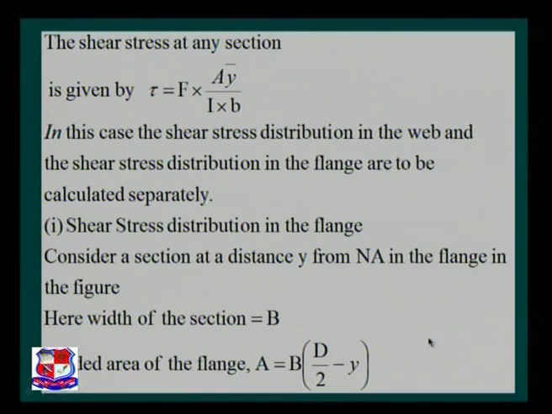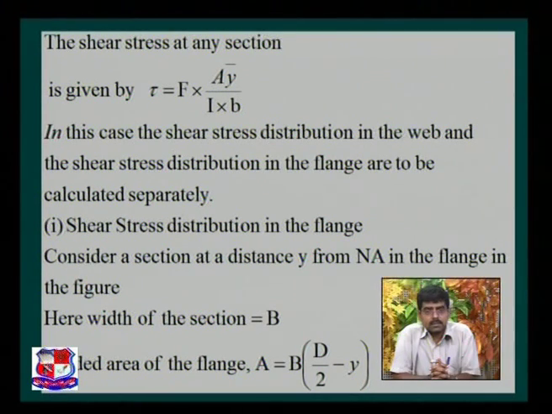Now, the shear stress at any section is given by tau is equal to F A y bar by I b. In this case, the shear stress distribution in the web and the shear stress distribution in the flange are to be calculated separately.